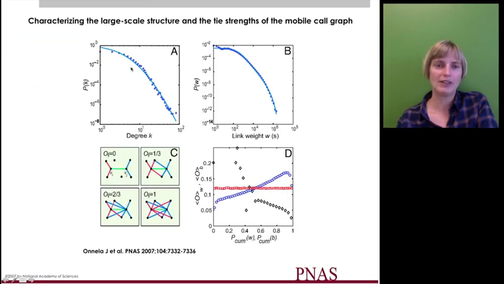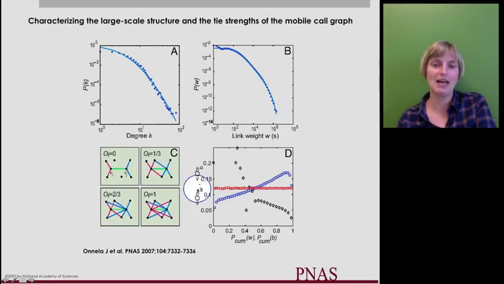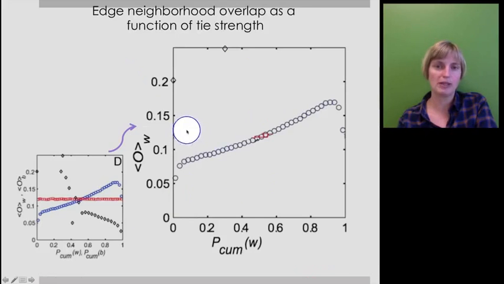So first of all, they found a skew in the degree distribution, but they also found a skew in the strength of the tie. That is, how often two individuals communicate. Many pairs communicate infrequently, and very few communicate extremely frequently. They also looked at the embeddedness of the tie, and I'll just zoom in on this graph.